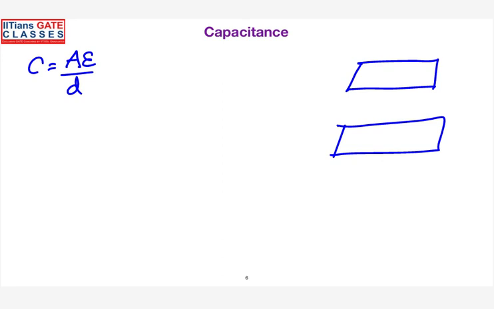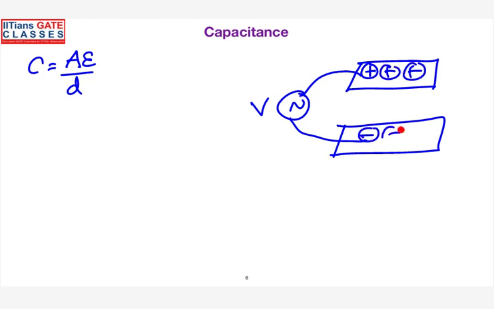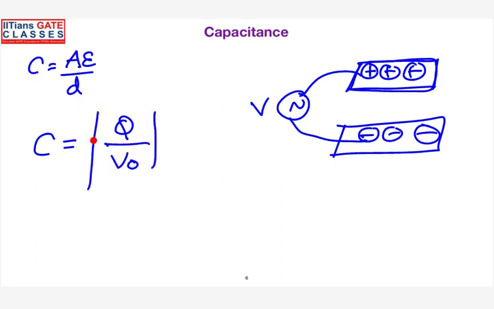But what actually happens is, the moment you apply any voltage across a capacitor, some amount of charge is induced on each plate. So the capacitance is defined as the magnitude of the charge present on each plate divided by the potential difference between the conductors.